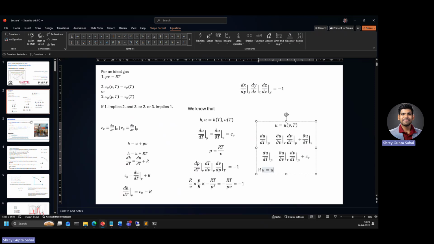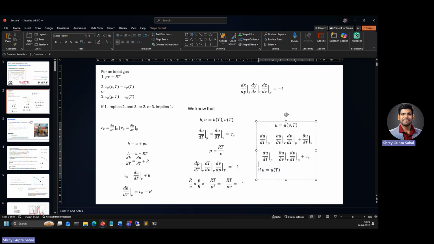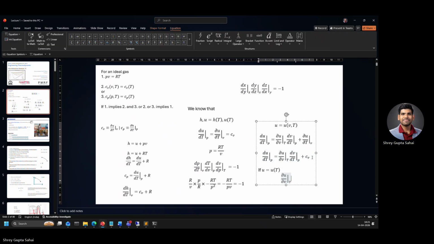U is only a function of T, and then it will imply that this term is zero. So you see that dU by dT at a constant P is CV.